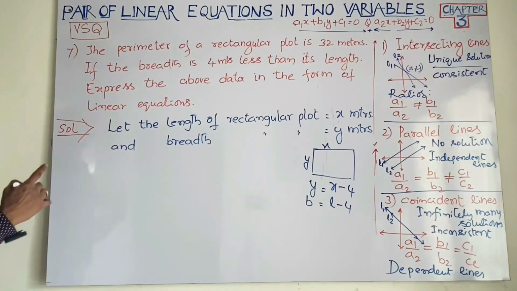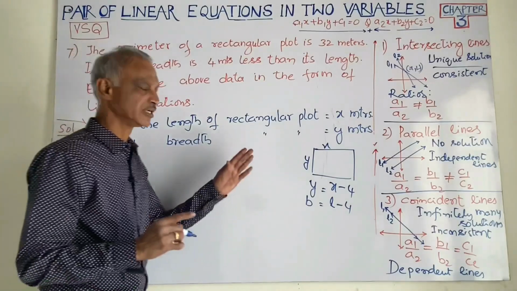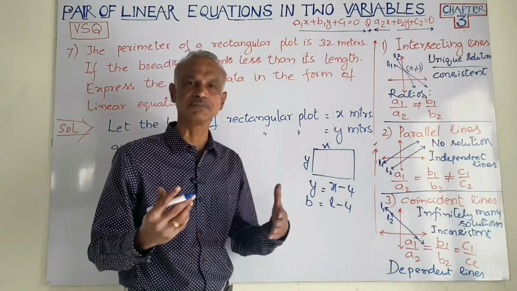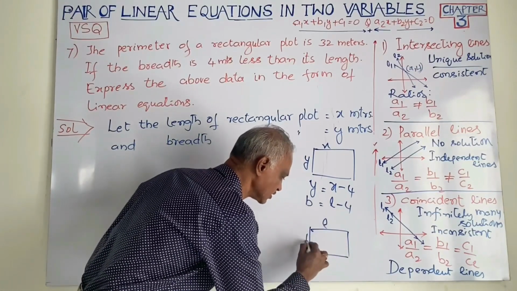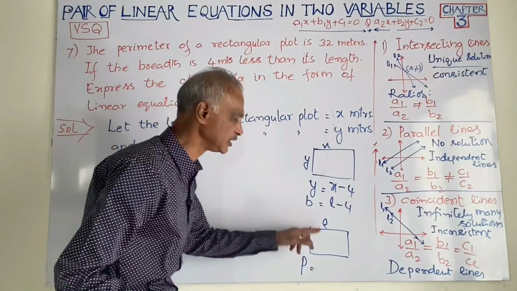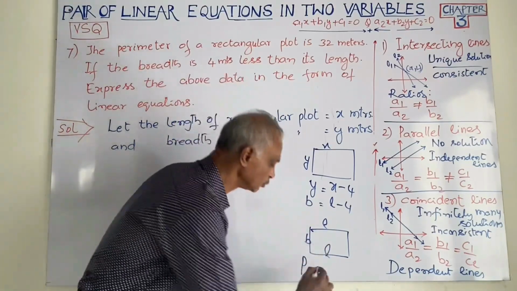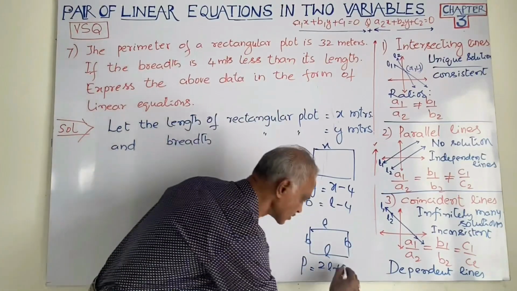Now read, the perimeter of a rectangular plot is 32 meters. What is the meaning of perimeter? If you take a rectangle, this is length and this is breadth. Perimeter is equal to, how many lengths are there? 2 lengths plus 2 breadths.